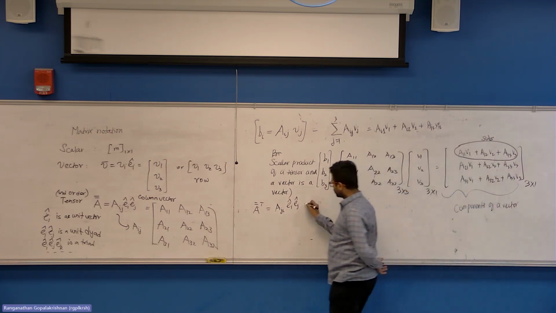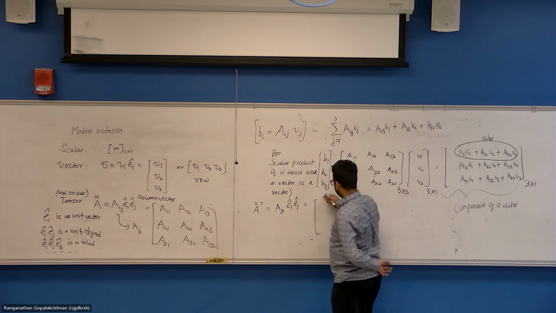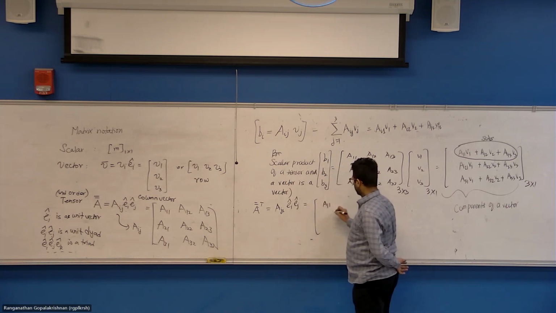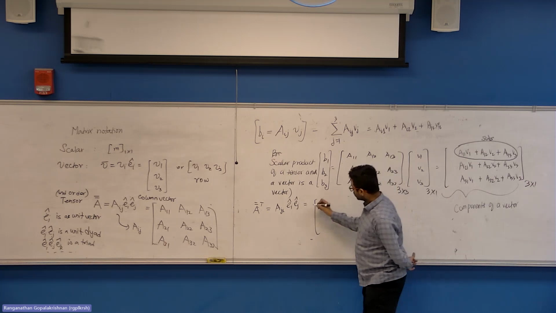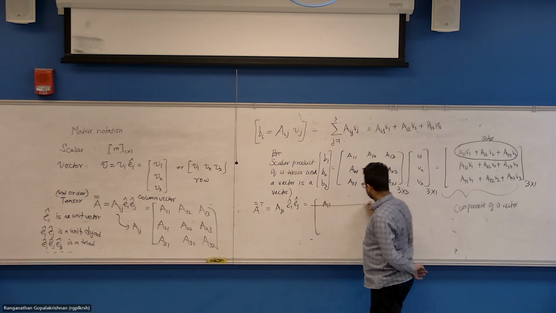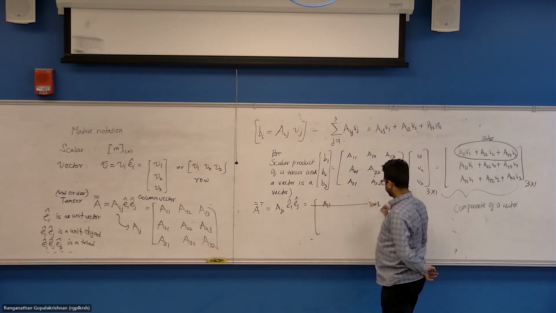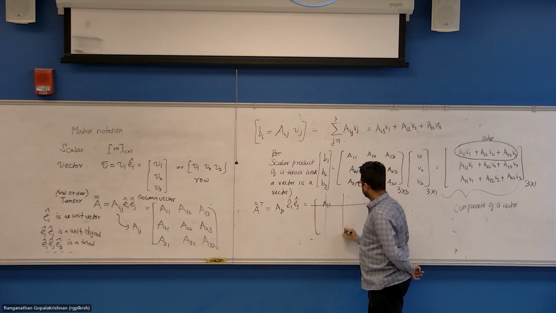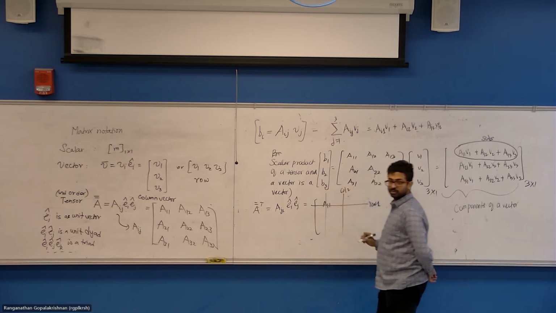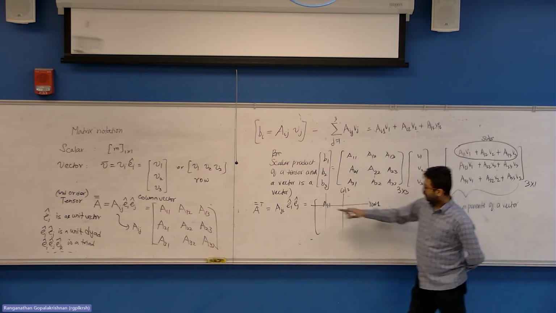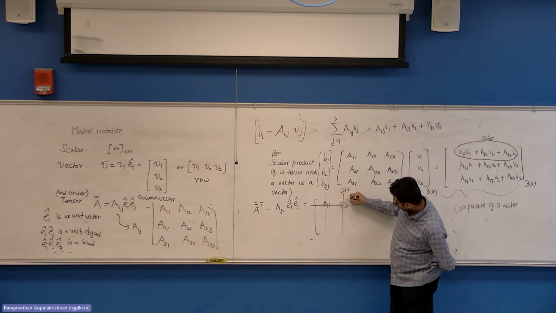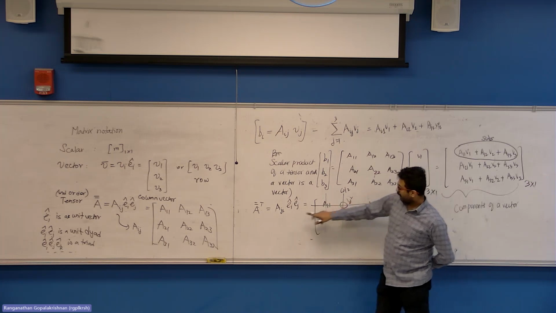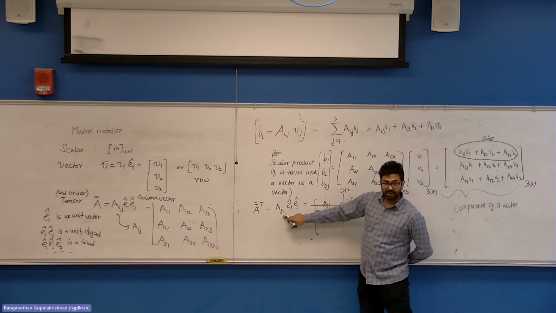And how will we write this in matrix form? So this is row 1 and this is column 2. So when I say 1, 2, this position is the 1, 2 position. At the 1, 2 position, I'm going to have A21.